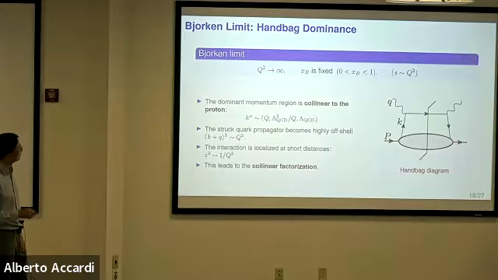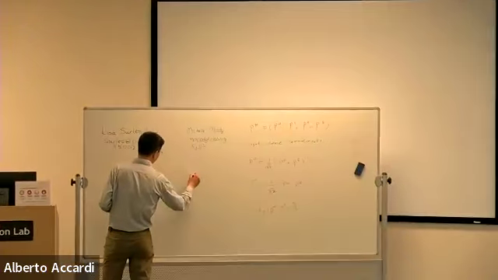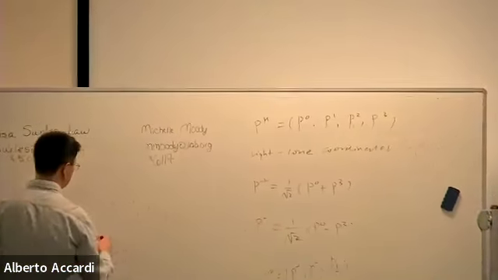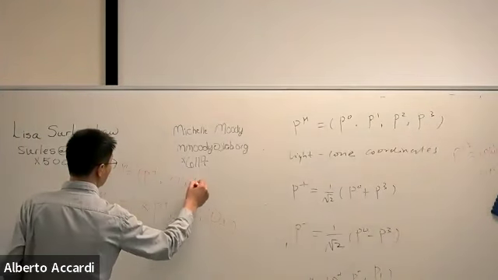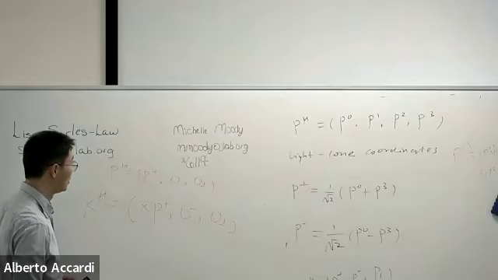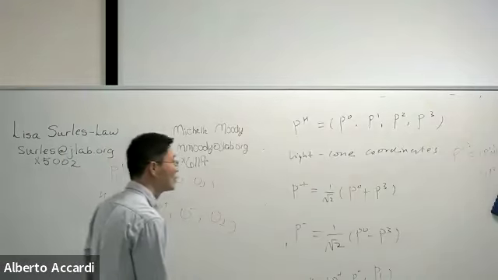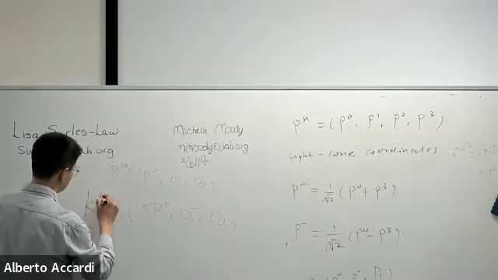People proved that in the collinear Bjorken limit, the most important contribution of k is the collinear part. So you have k, where p is the momentum of the proton. The black marker. So this is k.